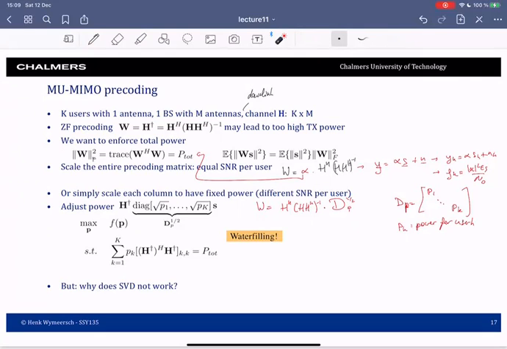So we need to then make sure that we can now choose the powers here along this diagonal to make sure that the constraint is met. So we choose this thing to make sure that the total power is fixed.